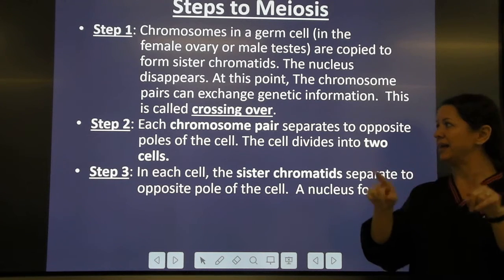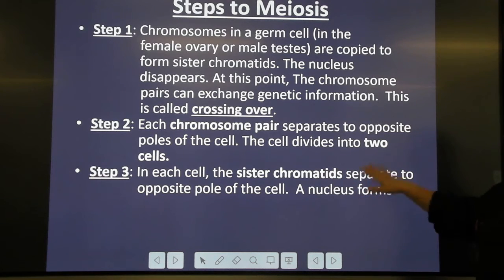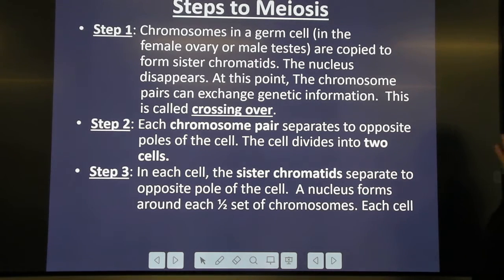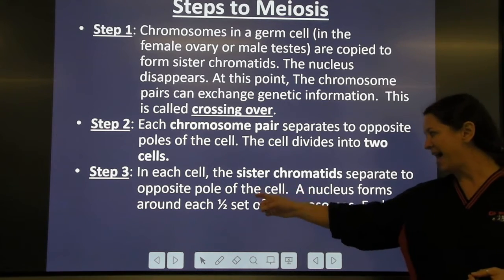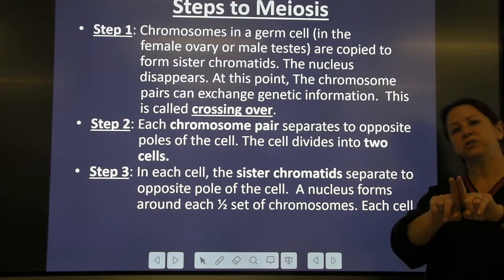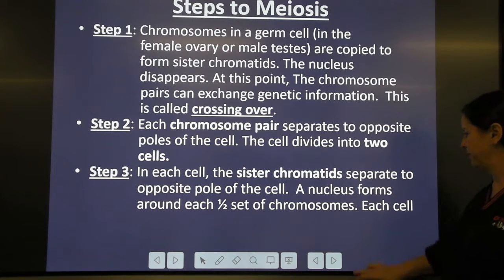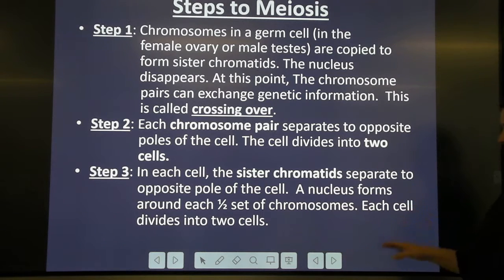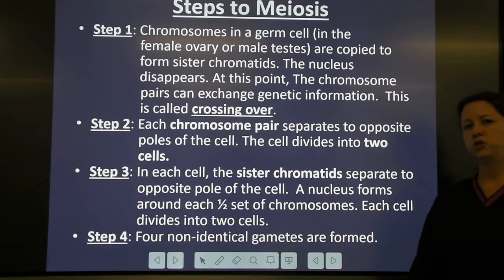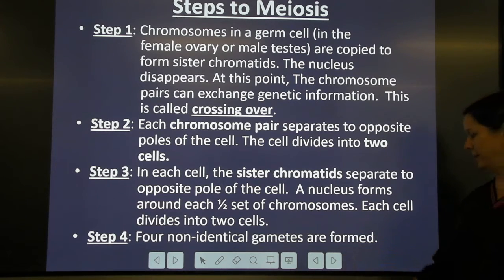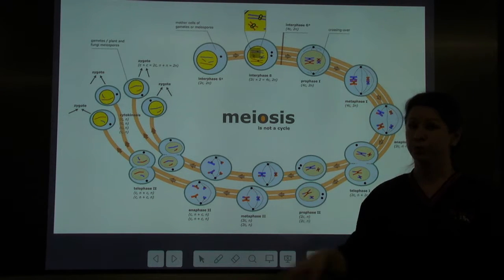So now we have to take that identical copy and pull it apart. And so the sister chromatids are going to separate and move to opposite poles of the cell. And now you're going to get a nucleus around each half set of chromosomes, because once those sister chromatids separate, you only have half the amount of genetic information. So each then divides into 2, and that brings you to 4 non-identical gametes.